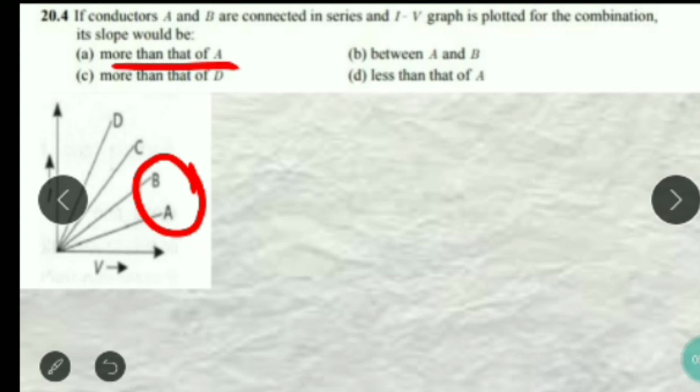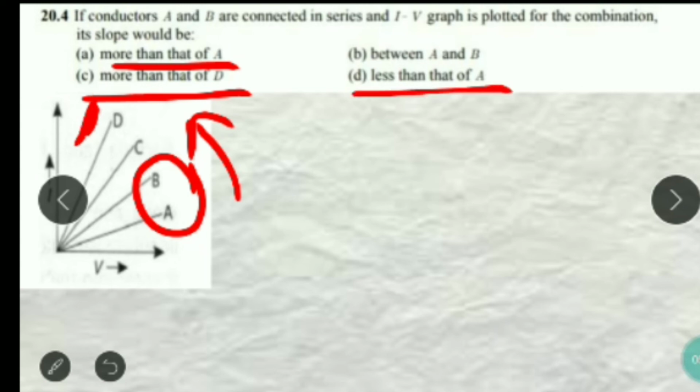More than that of A? क्या हमें स्लोप A से ऊपर देखने को मिलेगा? Between A and B, A और B के बीच में? More than that of D, D से भी ऊपर देखने को मिलेगा, or less than that of A? अभी हमने इस ग्राफ को जितना अभी तक स्टडी करा, हमने देखा है जितना हम नीचे आ रहे हैं उतना रेजिस्टेंस ज़्यादा है.